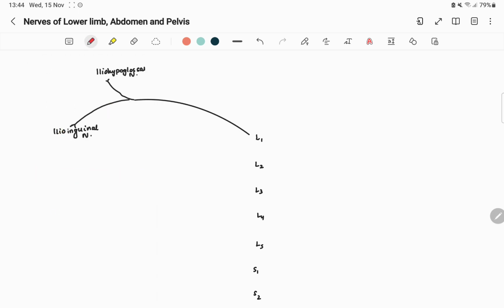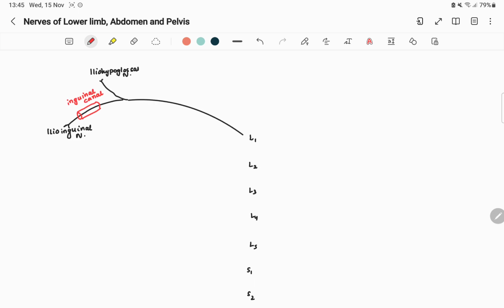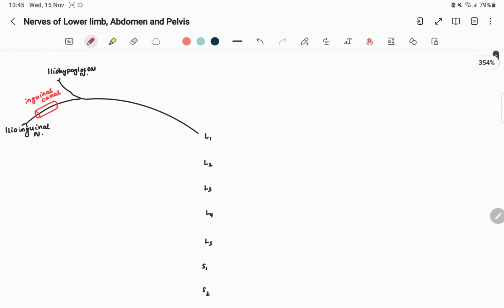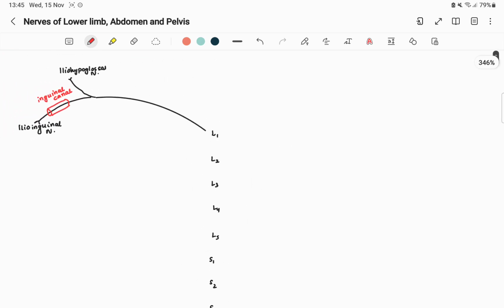Just remember that the ilioinguinal nerve is a content of your inguinal canal, understood? So this is the L1 level first. So from L1, one nerve is arising, which is giving two other branches, the iliohypogastric and your ilioinguinal nerve.